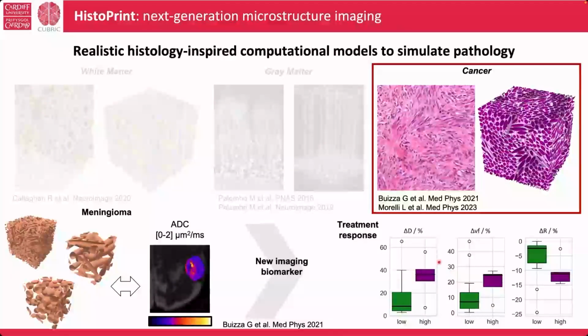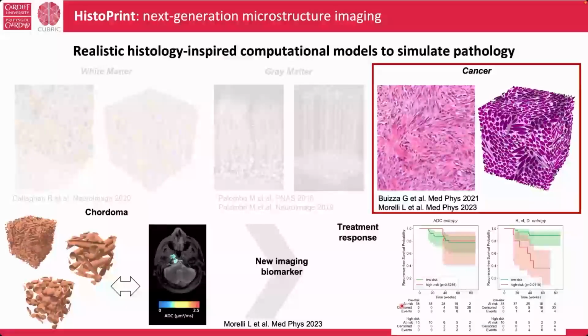And here you see that thanks to our source separation algorithm based on numerical simulations, we were able to clearly distinguish the people who were at high risk to not respond to treatment compared to who was responding. And this was done also from the same group a couple of years later in Chordoma. And here you see a striking example.